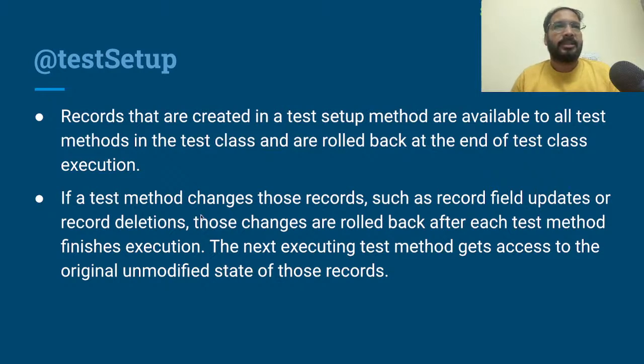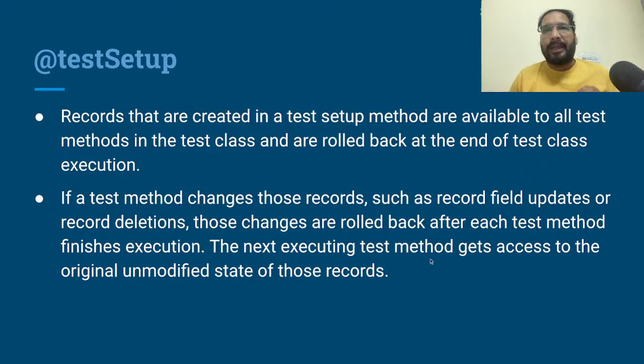The next point says if a test method changes those records, meaning the records you created in the test setup method, such as record field updates or record deletions, those changes are rolled back after each test method finishes execution.